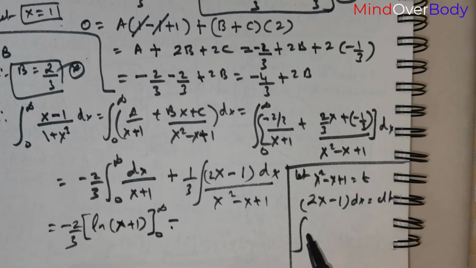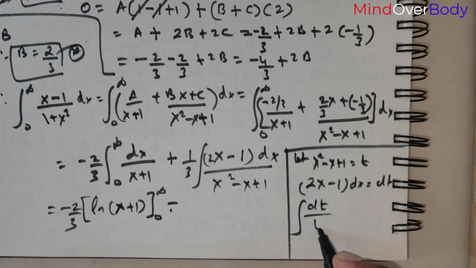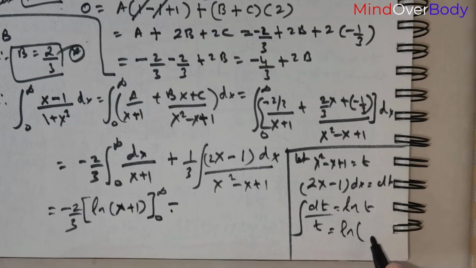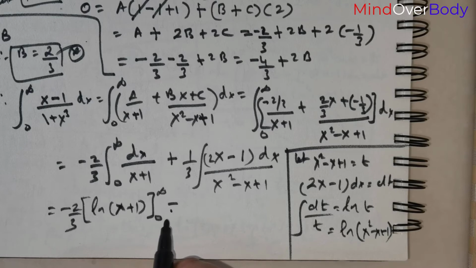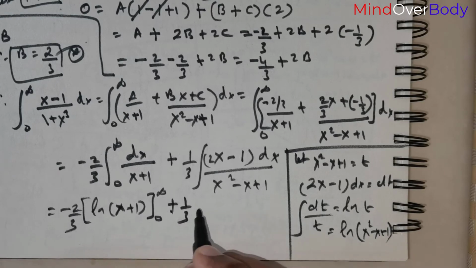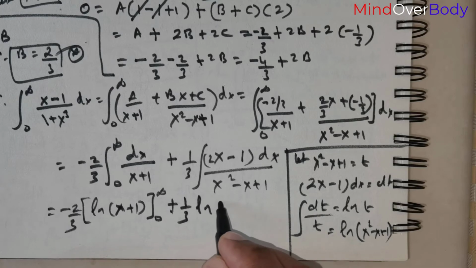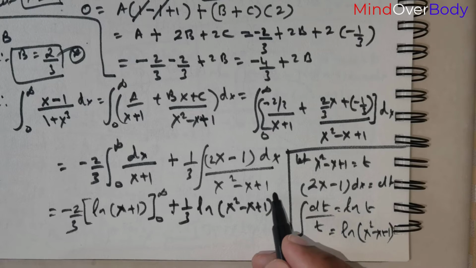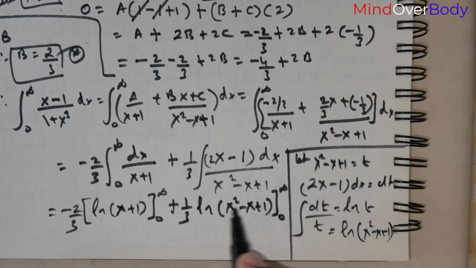So this is actually dt divided by t, which is nothing but ln t, which is nothing but ln of (x squared negative x positive 1), right? So we can place that here. So this is going to be 1 over 3 positive sign ln of (x squared negative x positive 1). Of course the limits are there, 0 to infinity.